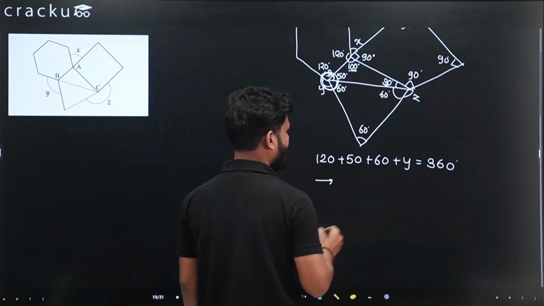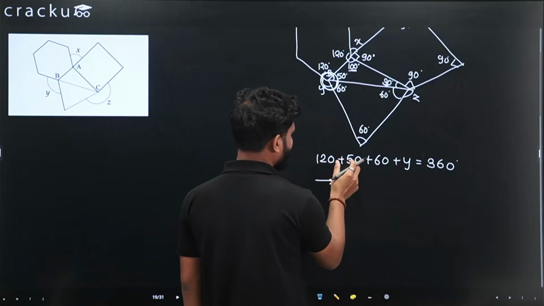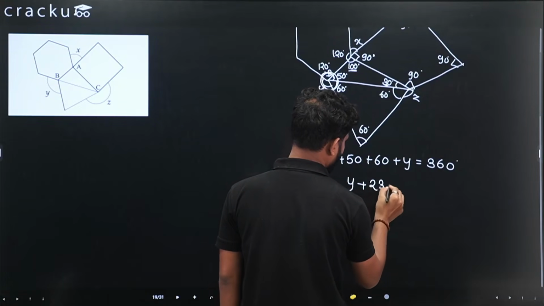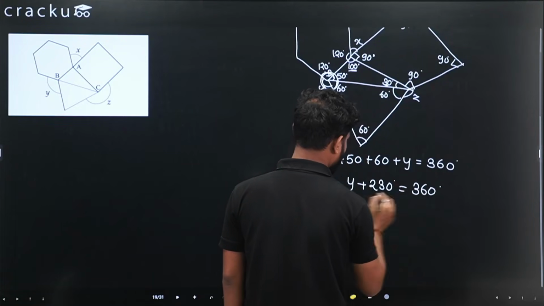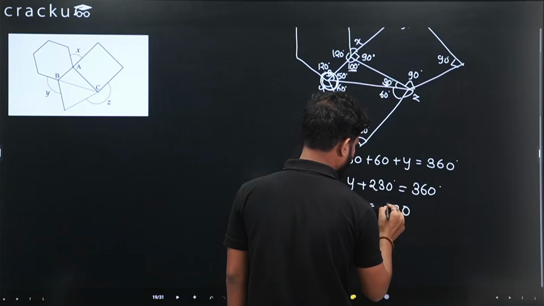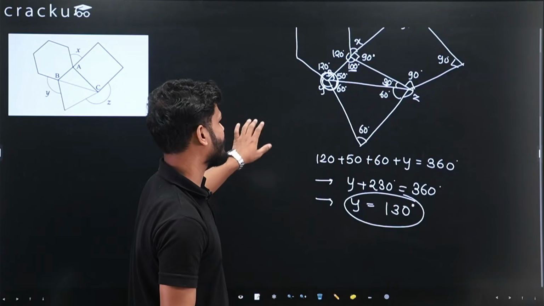From here what you can find? 120 plus 50 is 170, 170 plus 60 is 230 degree, which is equal to 360 minus y. From here you can get y as 130 degree. So y is 130 degree.